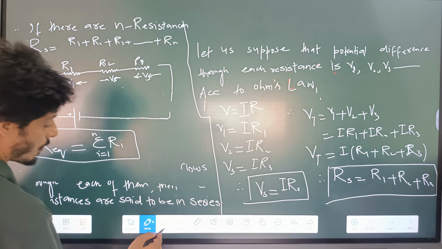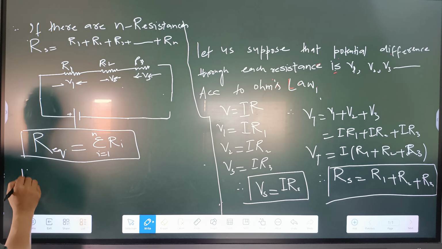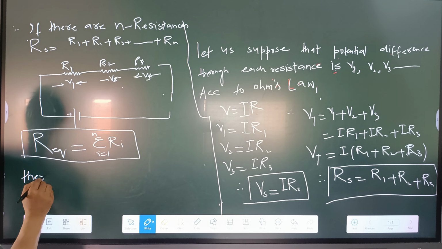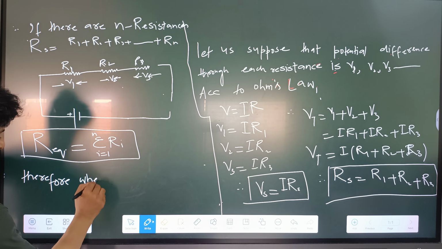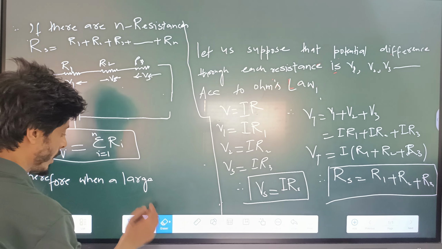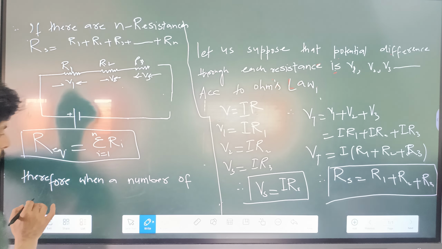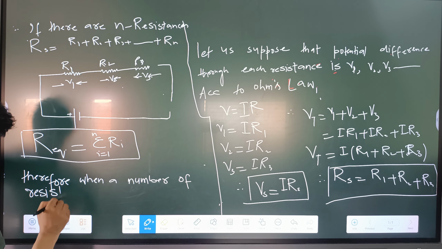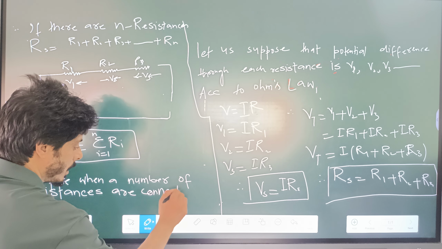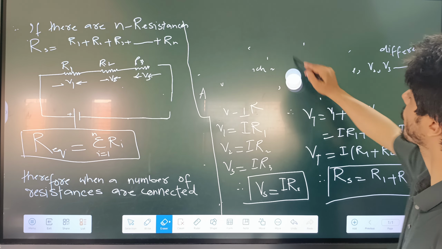Therefore I will write here: when a number of resistances are connected in series, then their equivalent resistance is simply equal to the sum of individual resistances.